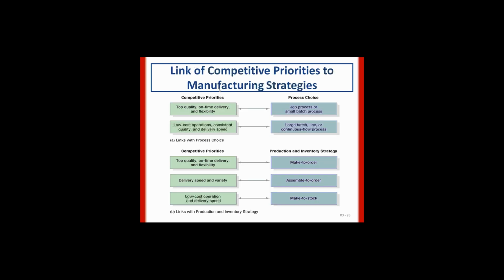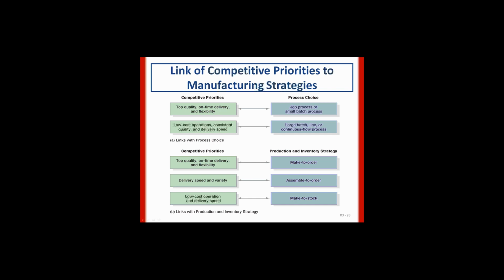These pictures also summarize the type of manufacturing processes. As you can see from this picture, there are 5 process choices, and each process choice may match with certain competitive priorities.